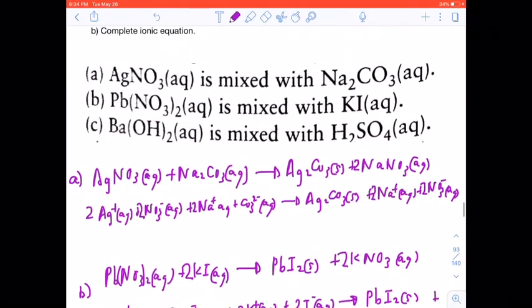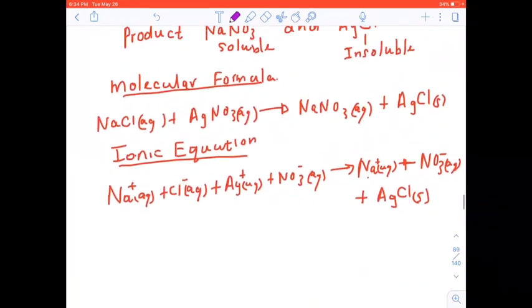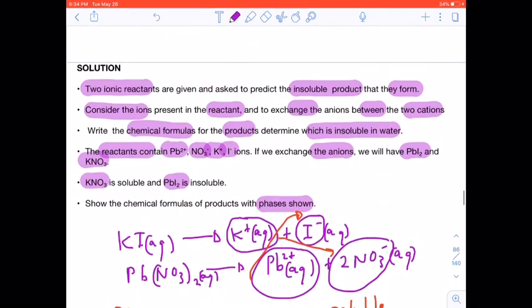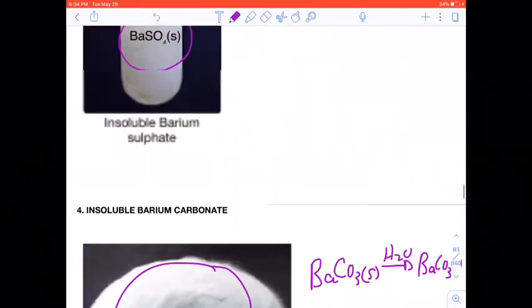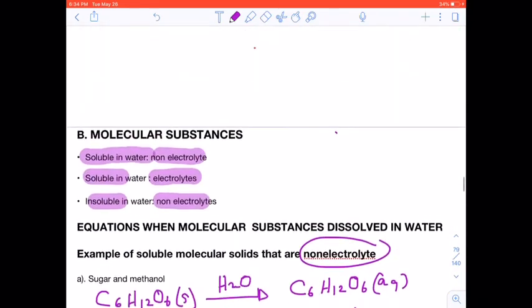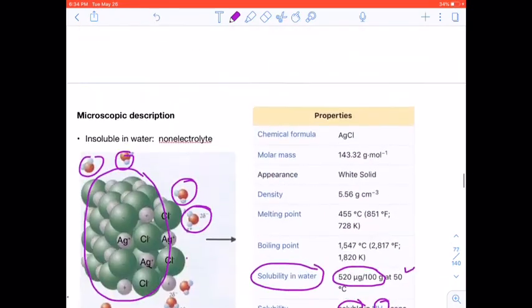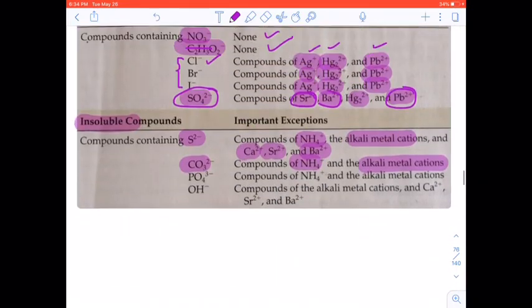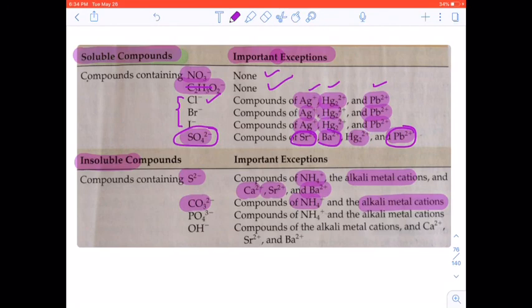Right? We can go back here and we say, okay, if we come here, right, we look at sulfates. So important exceptions. We've got sulfates of strontium, barium, silver, and lead, they are insoluble, right?